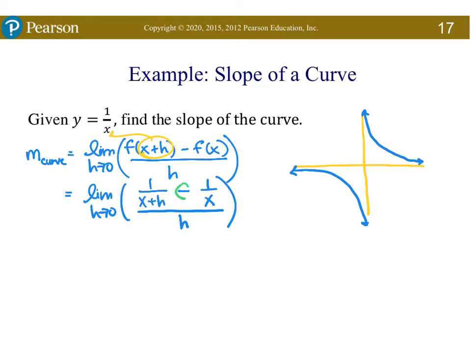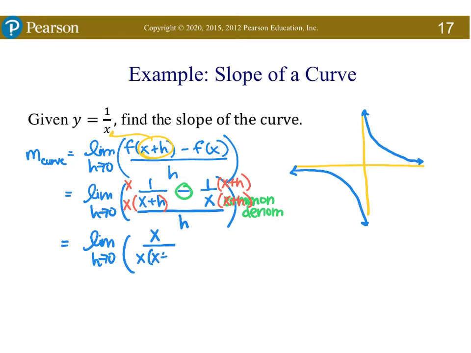Because this is a subtraction problem, I need to get common denominators. Remember, common denominators are for anything where there's an addition or a subtraction problem. So my common denominators would say I need to multiply x on the top, and I need to multiply x plus h on the top, on the bottom, top and bottom. All right, so my common denominator turns out to be x times x plus h on the bottom.